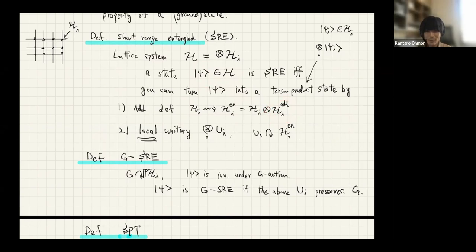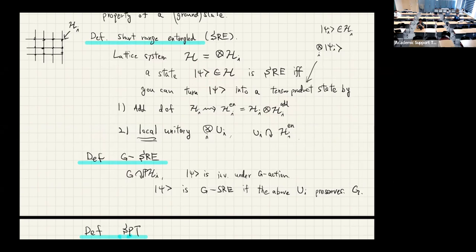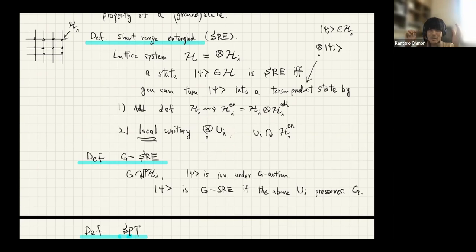In this definition, you can take any Hilbert space, maybe just a separable Hilbert space, maybe the infinite dimensional one, and then do whatever unitary. For any choice, if you succeed in turning this psi into a tensor product state in this enlarged HI, then that's short range entangled. So that's the definition.